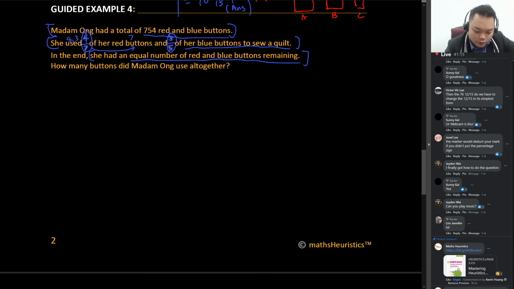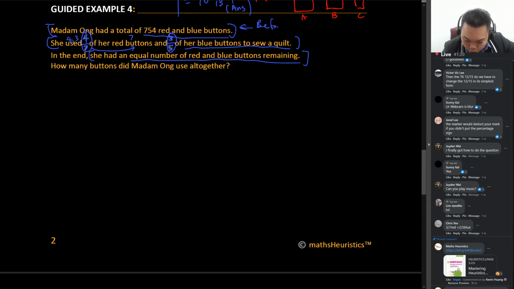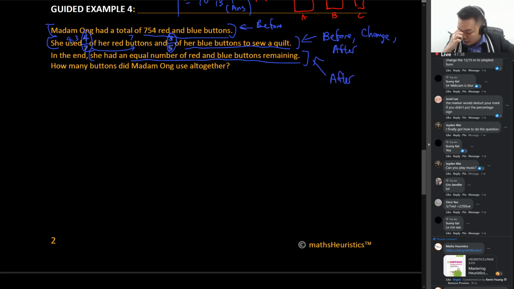Now to deal with this, you can see that this is your before. Within this little statement over here contains information about your before, your change, and your after. She had an equal number of red and blue buttons remaining. So how many buttons did Madam Ong use altogether?